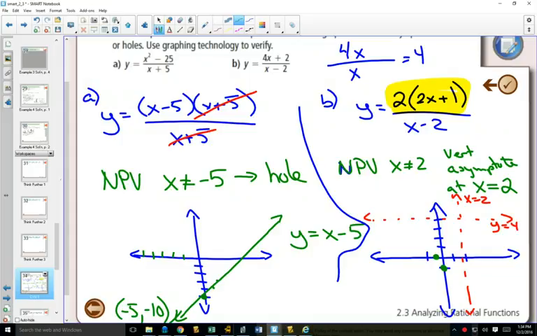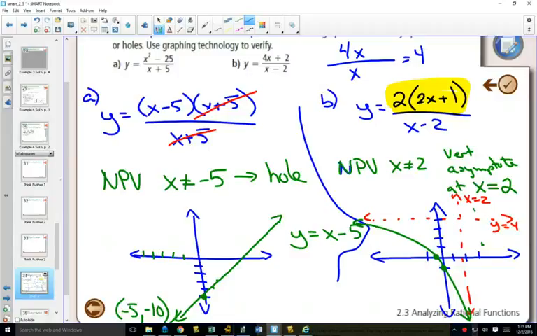Now, if we draw our asymptotic behavior, the only thing we would know is it's going to go like this and like this. But we only have values when x is less than 2. So in order to complete the graph, we have to find out, is there going to be graph in this section or in this section? The way that we'll figure that out is we'll plug in another value.